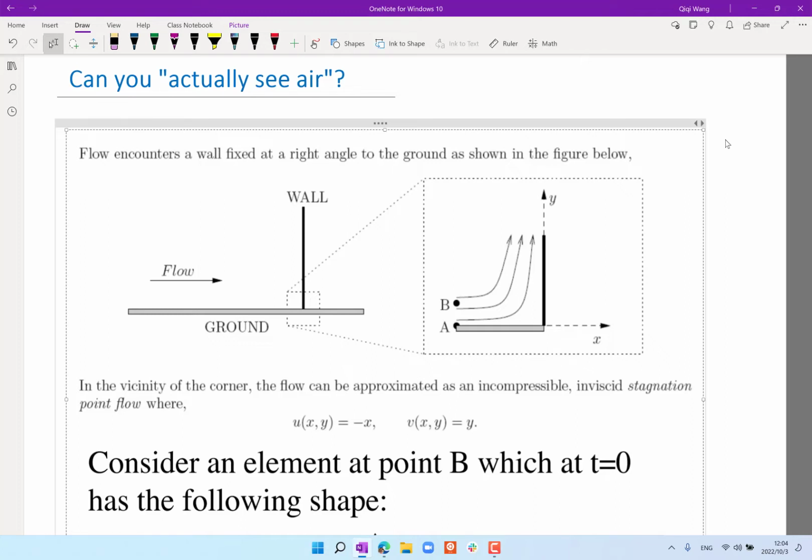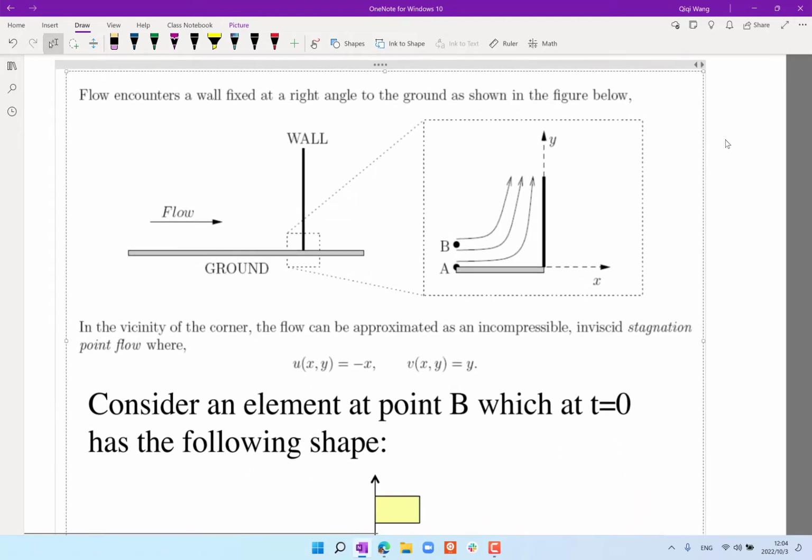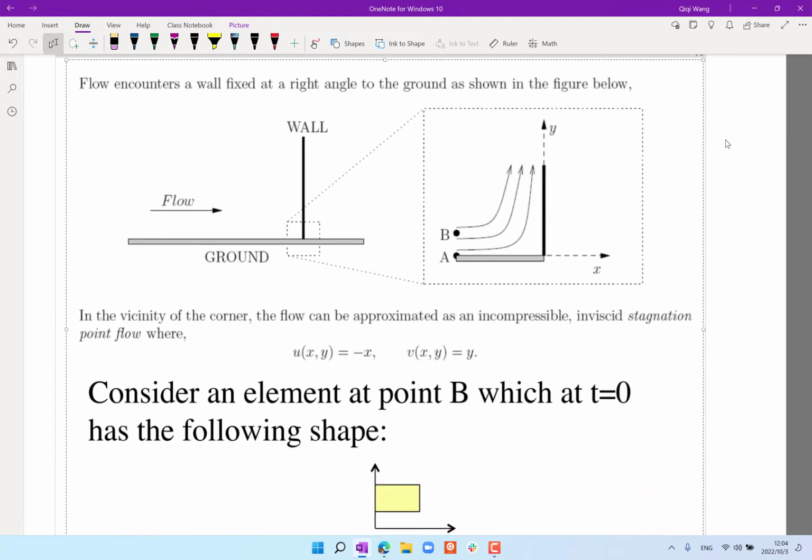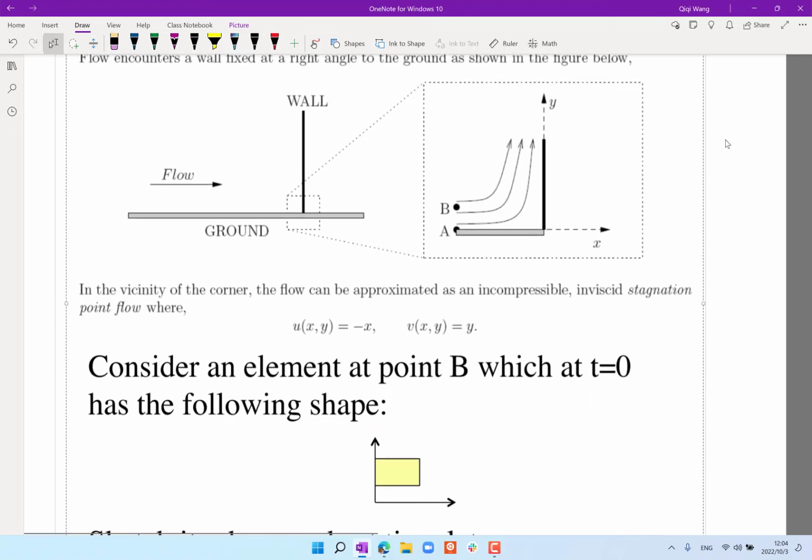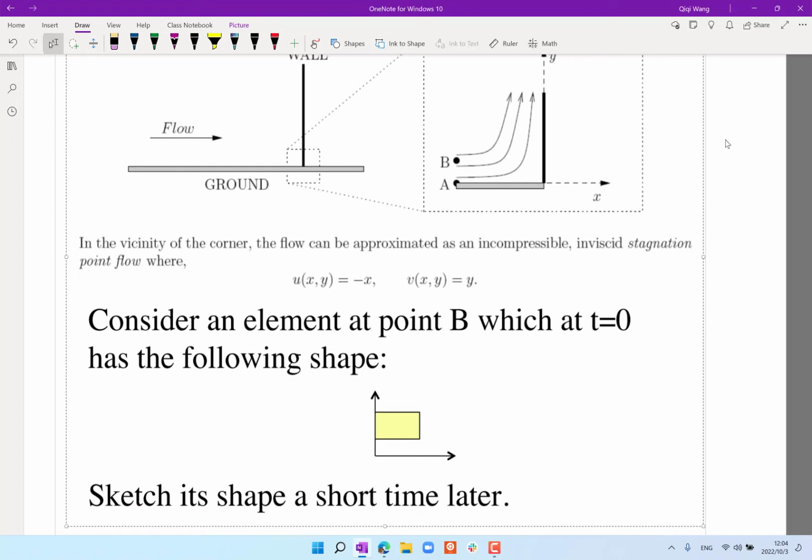Now consider an element at point P, all right, which at t equal to 0 has the shape of a rectangle. What do you think the shape is going to be like a short time later?